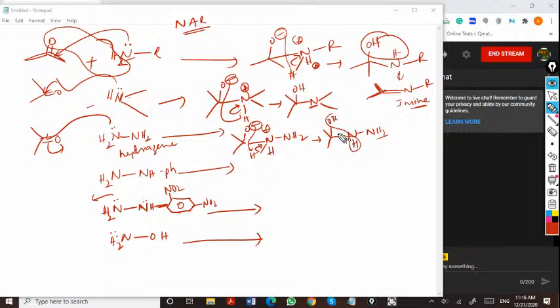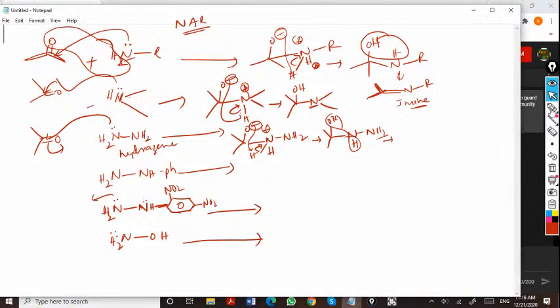Then H2O will leave, resulting in the product. Okay, so this is called hydrazine before the product formation. After the product formation it is hydrazone. So this is acetone, and this is phenylhydrazine.